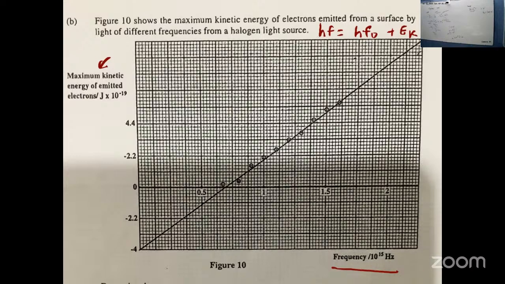The gradient is h. The last one was frequency against energy, right? What's the y-axis? Frequency? No, the y-axis is kinetic energy. Oh yeah, so you have to switch around. Kinetic energy is on the y-axis.